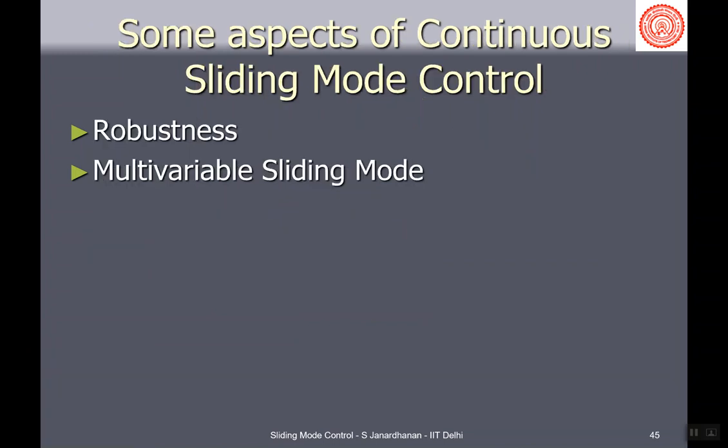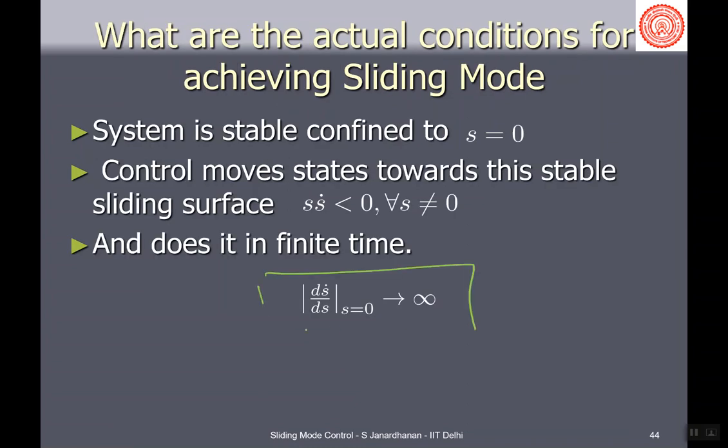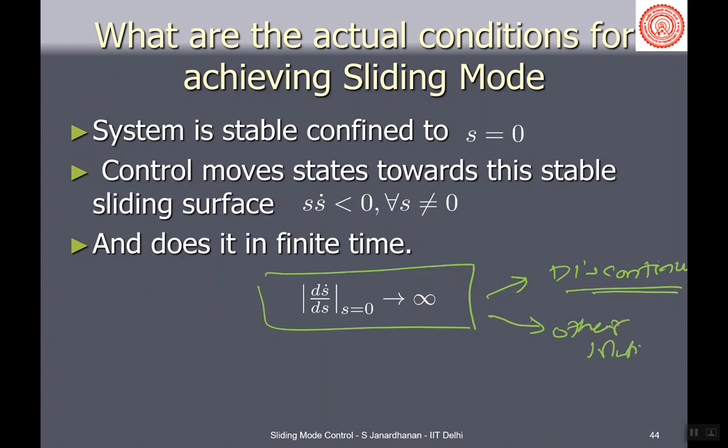That was there, but this non-Lipschitz condition is leading to discontinuous control. Can it have other solutions also? That is something researchers were looking into.